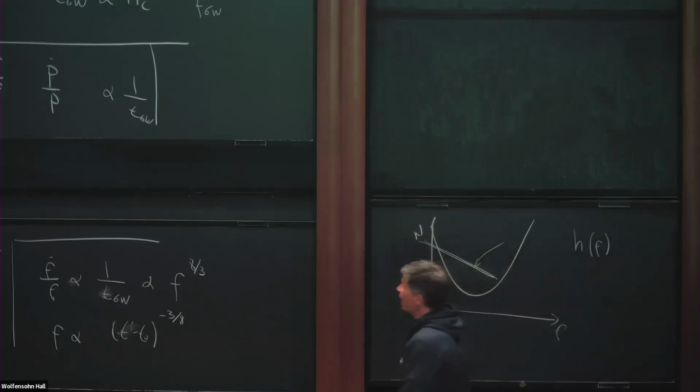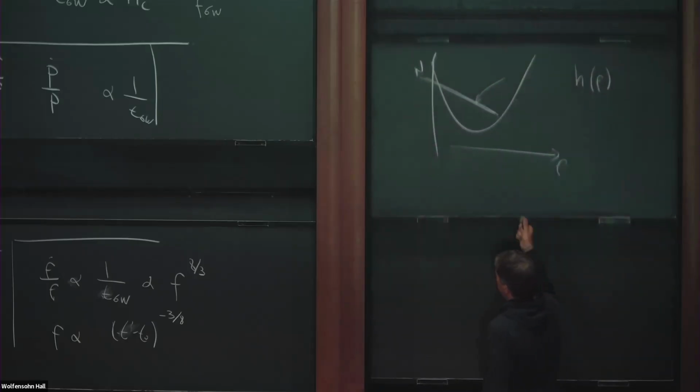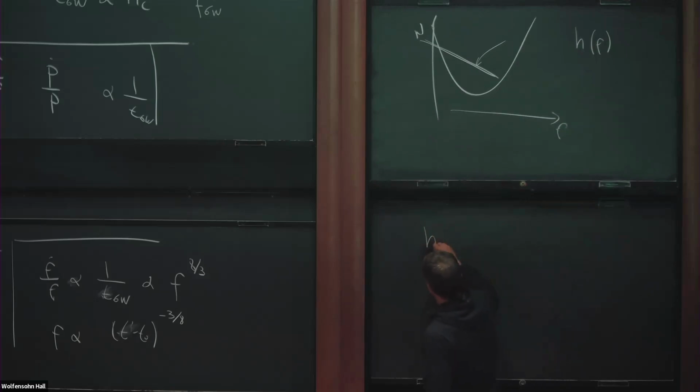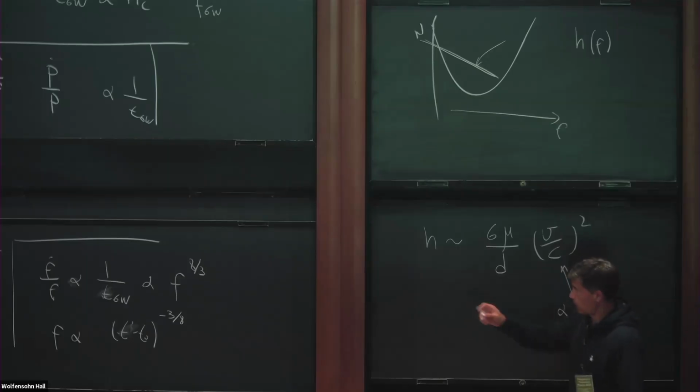We know, on the one hand, I had given you that the amplitude in the time, like the signal in the time domain, this was proportional to G mu, the distance, and then the velocity v over c squared. And this v over c squared is this f, in terms of frequency, f to the 2/3, right?